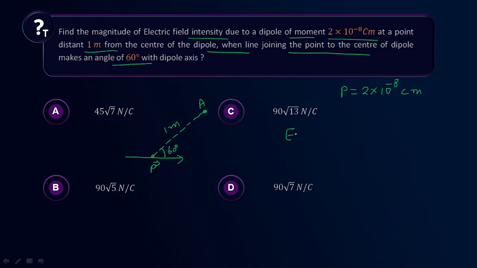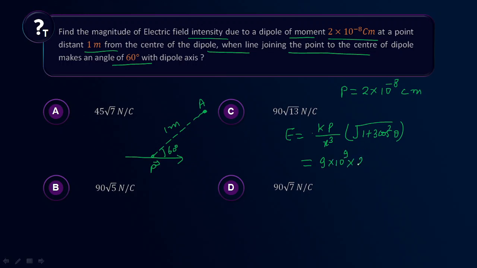So we know that at a general point, the electric field due to a dipole is equals to Kp divided by x cube into root under of 1 plus 3 cos square theta, or 3 cos square theta plus 1. Anyone we can write. Same thing. So here K is how much? K will be 9 into 10 to the power 9.